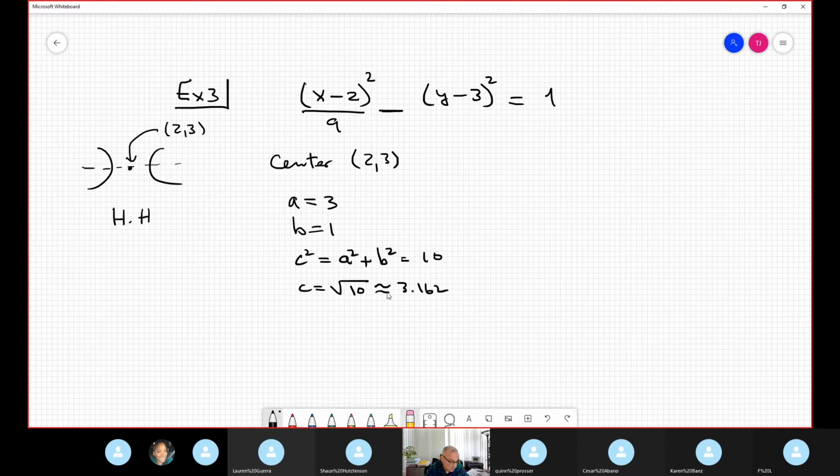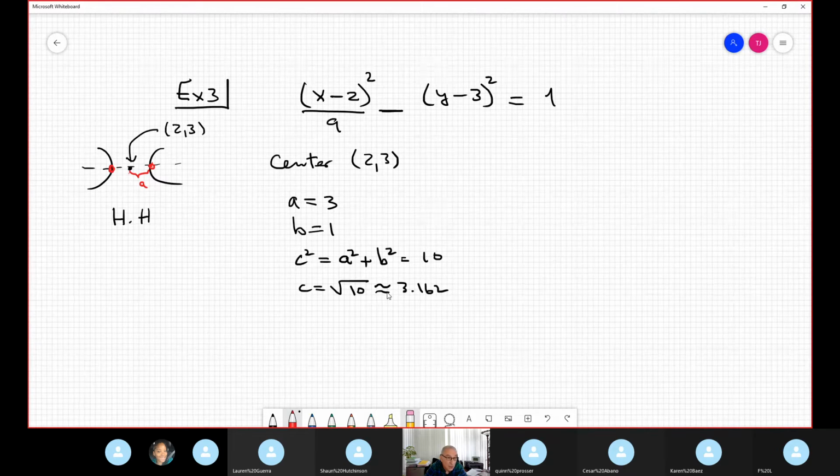One more piece of information. Well, we need the vertices. The vertex is this point and this point, and this distance is A. In our example, it's 3.